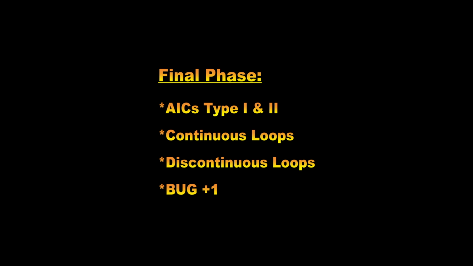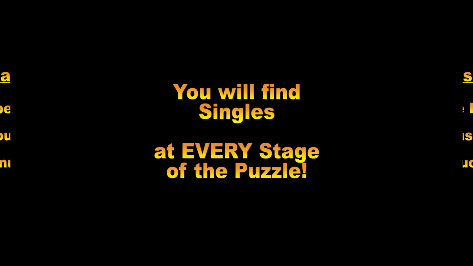Now, I'm not saying that you won't find any of these things in a different section than what I have just listed. For instance, you are going to find singles at every stage of the puzzle. And of course, entering singles is always going to be the very last thing you do as well, after the puzzle has been completely unlocked. In fact, all those techniques listed in Section 1 can appear at any time, really. I'm just saying that they are probably going to be a little more prevalent at the beginning than they will be later on.